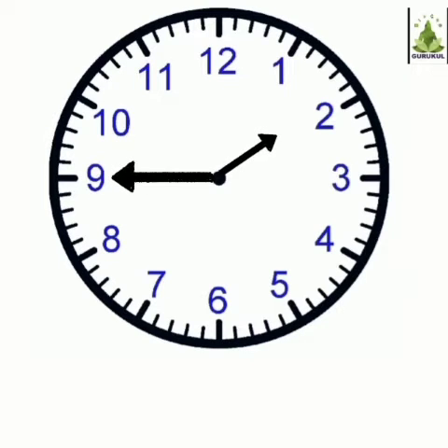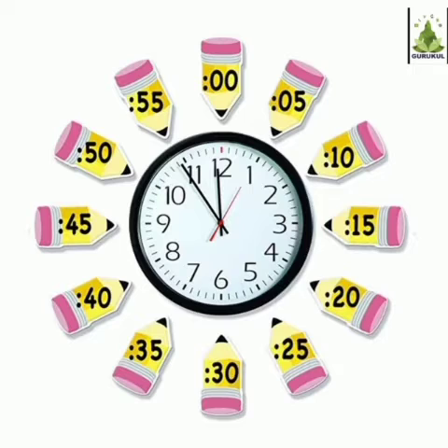Minute hand is on 9 and hour hand is between 1 and 2. First, we will read the minutes. If you look carefully, there are many small divisions between the numbers of the clock. There are 5 equal divisions between any two numbers.